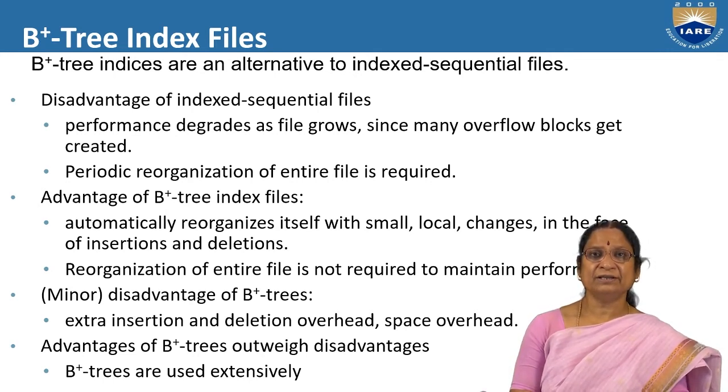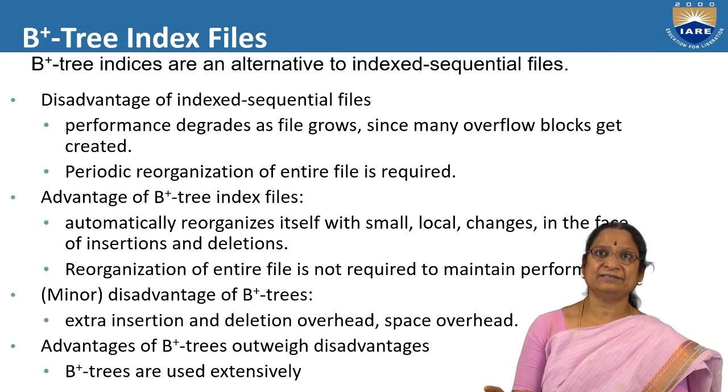To avoid these two disadvantages, another indexing structure can be introduced, which is the most popular indexing structure, that is B plus tree indices. Most real-time commercial database software also supports B plus tree indices, which is an alternative to indexed sequential files for storing our databases.